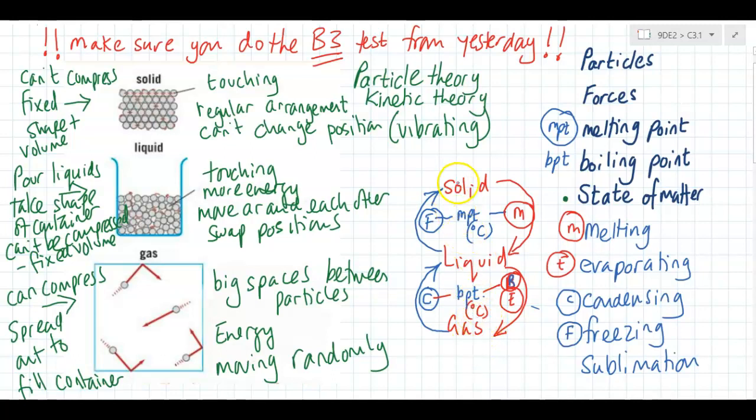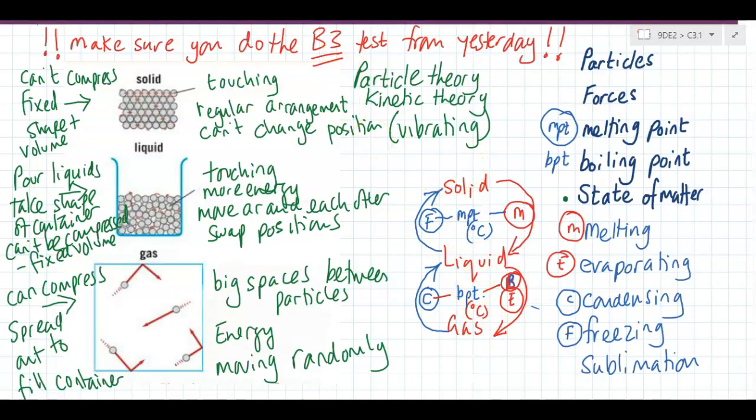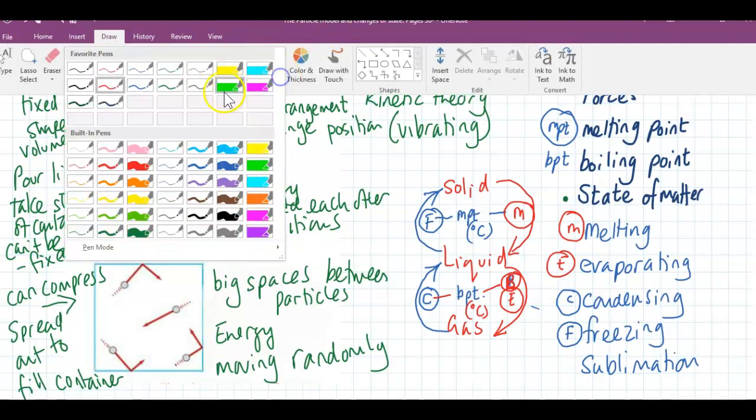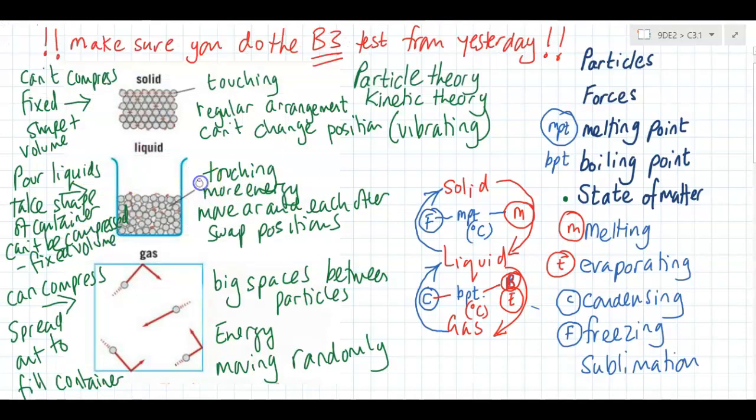So if we took water as an example, then I need a different colour. Let's have this purpley colour here. Our solid water, ice, could change into liquid water, and liquid water can change into steam. So water can exist in 3 states of matter: solids, liquids, gas.